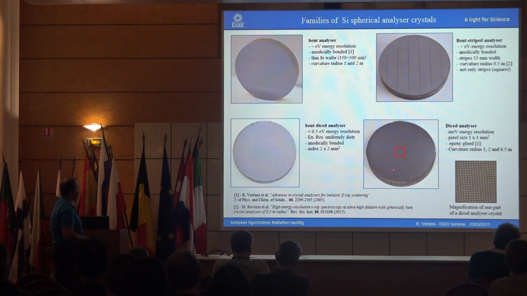And the beauty here is that in this case the crystalline planes are not bent, but are flat. Not like in this case here, where the crystalline planes follow your surface. Here we have cubes, glued and well oriented on the spherical surface. This is used for milli-electron volt energy resolution, and the curvature radius can go from 1, 2, and 6.5 meters.